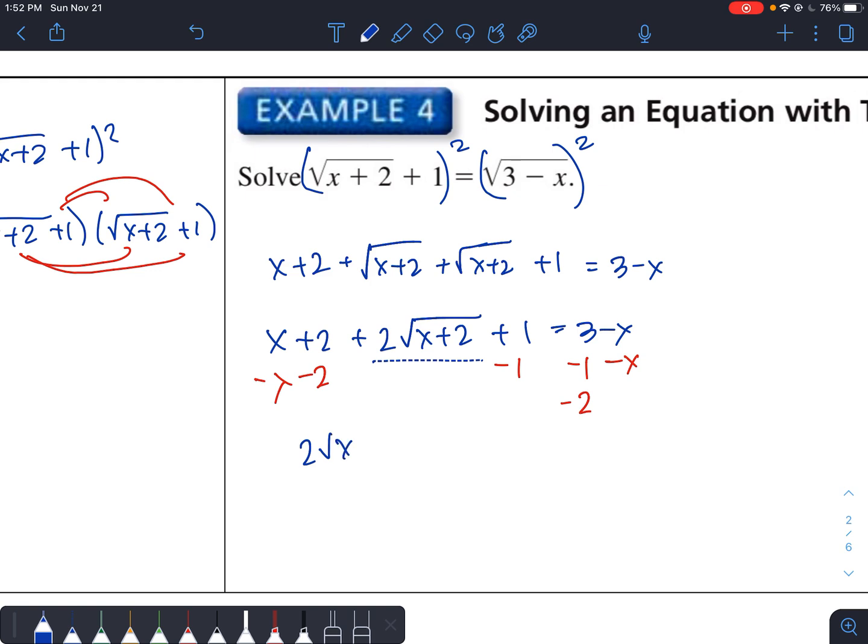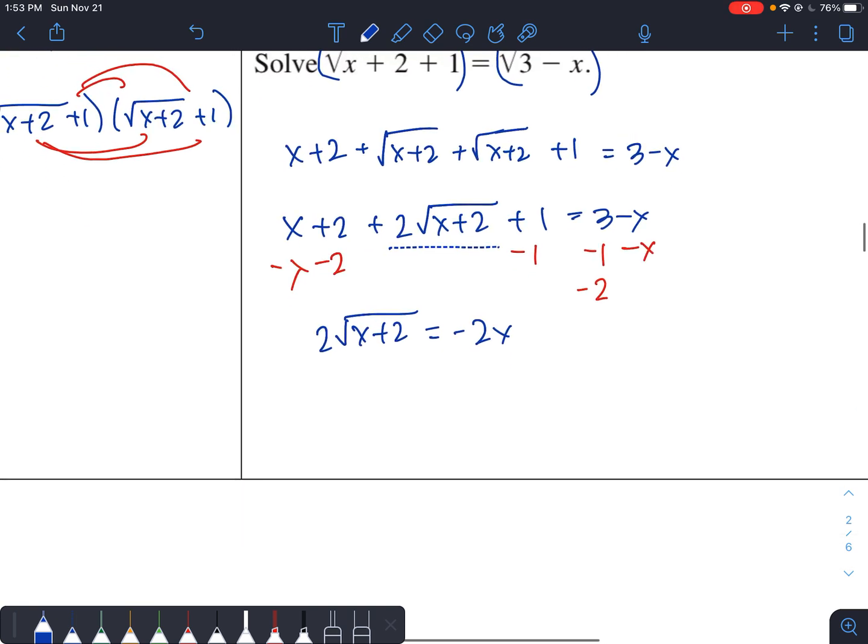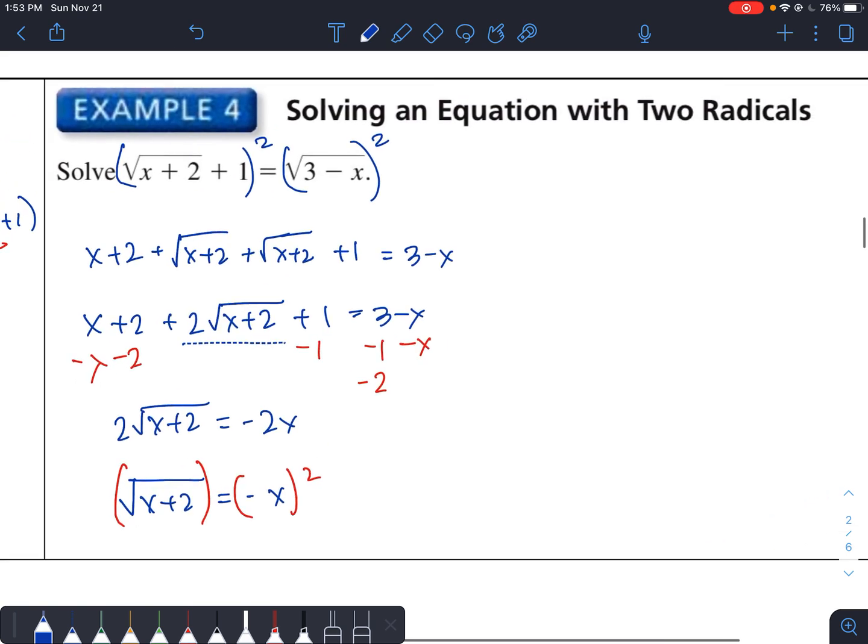So 2 square root of x plus 2 equal to, right here, that would end up being 0, and this would end up being negative 2x. Divide by 2, so that I'd have square root of x plus 2 on the left equal to negative x on the right. And now I can get rid of the radical by squaring both sides.